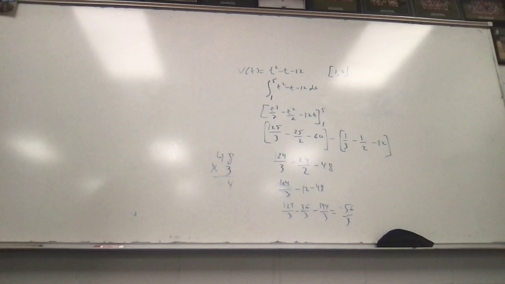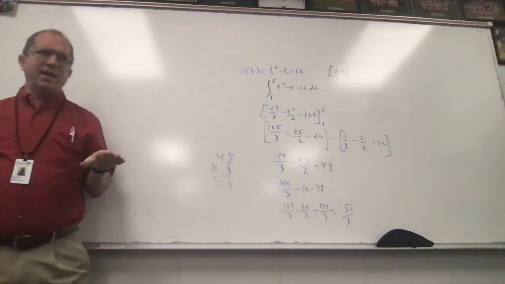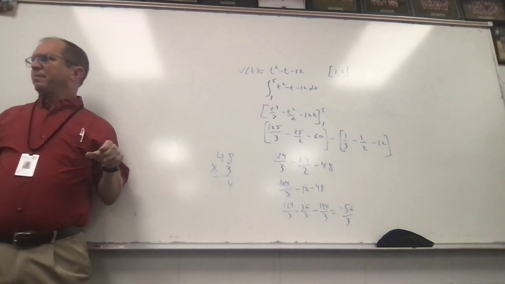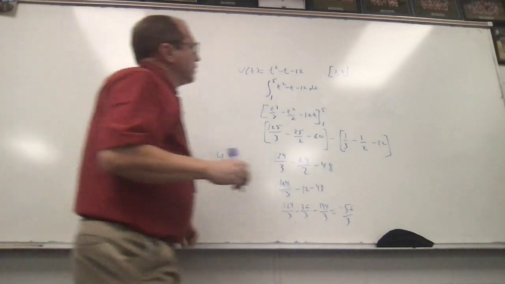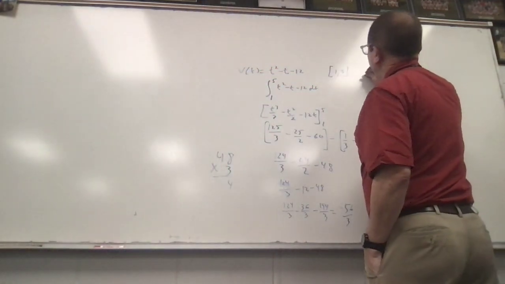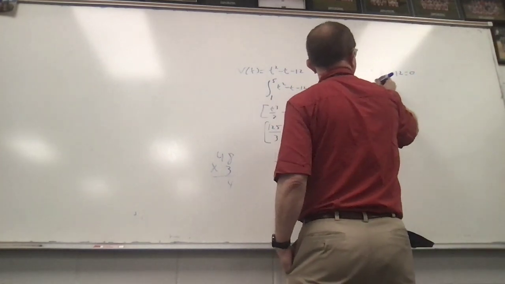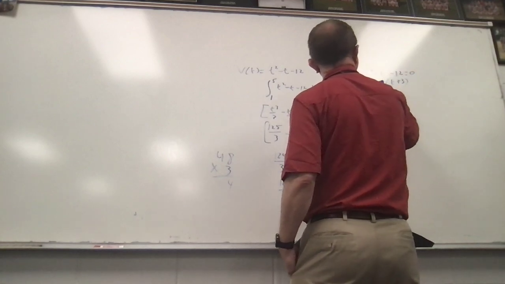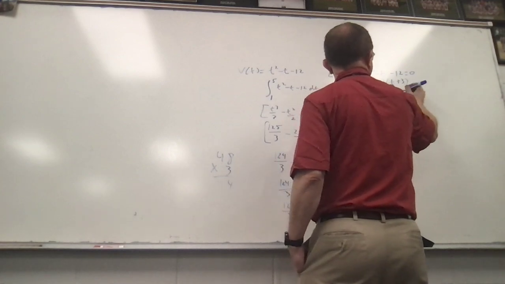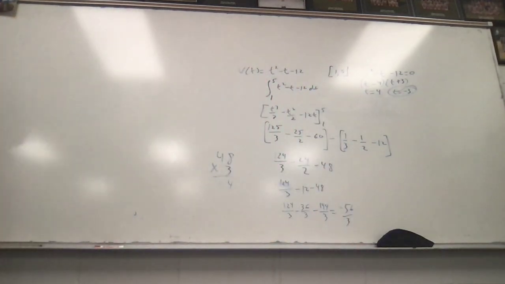Now, to find the total distance traveled, we need to see where this intersects the x-axis, because for total distance traveled, we need to do the absolute value part with it. So, where is t squared minus t minus 12 equal to 0? Well, that factors into t minus 4 times t plus 3, right? So we get t equals 4 and t equals negative 3. Well, t equals negative 3 we don't care about because that's not in the range from 1 to 5.